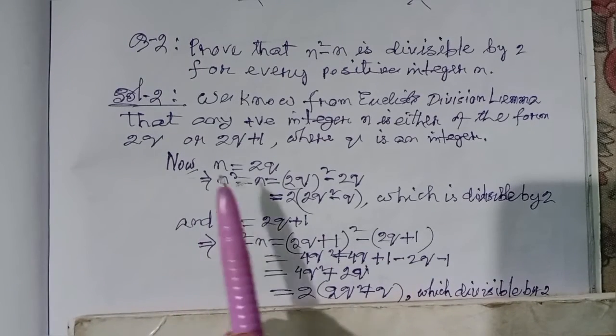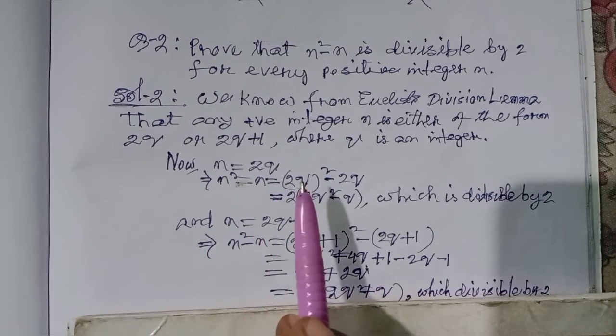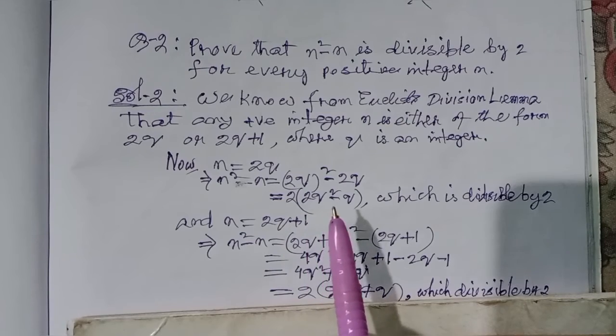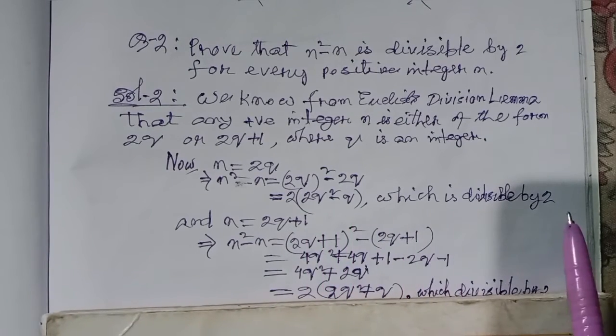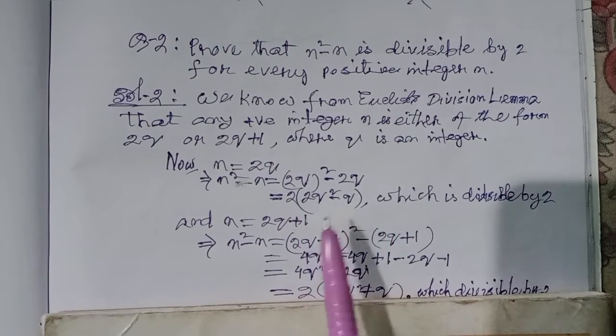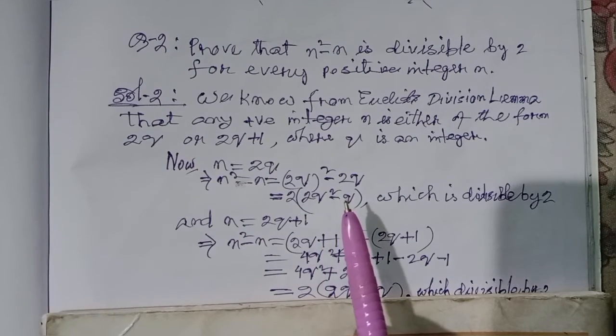So okay, now n is equal to 2q implies n square minus n is equal to 2q whole square minus 2q equal to 2 into 2q square minus q, which is divisible by 2, because if you divide this quantity by 2, then 2 gets cancelled, and the inside expression when reduced gives an integer, so definitely it is divisible by 2.